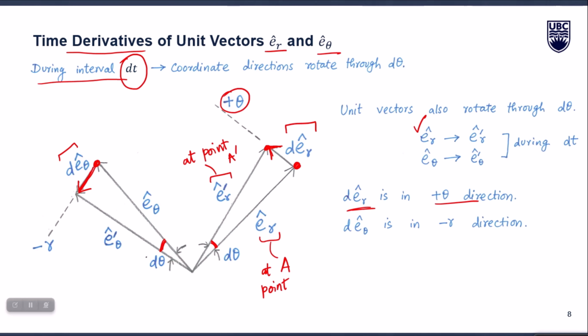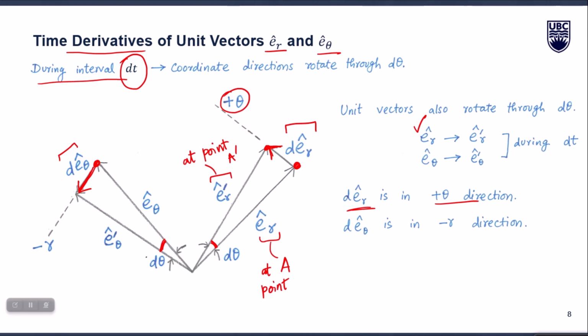The same will be the case here: the direction of dE sub r, the change in the r unit vector, will be in the direction of theta. However, the change in the theta unit vector will be in the direction of minus r.